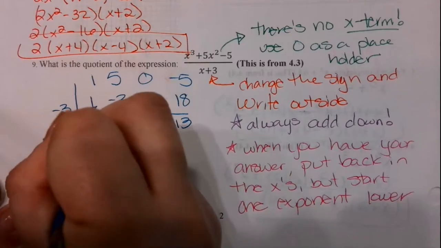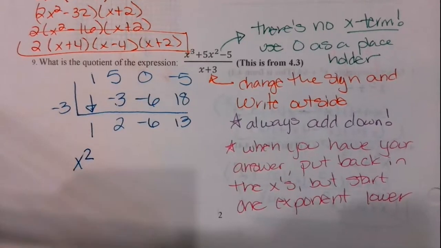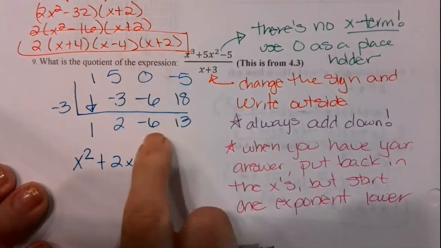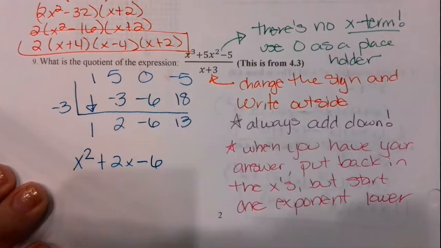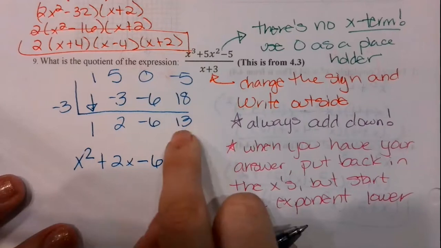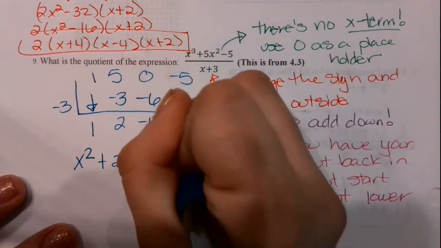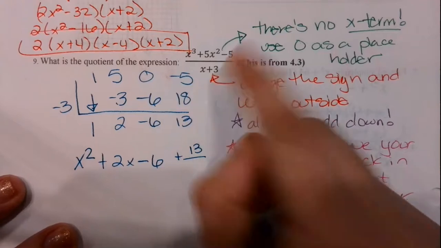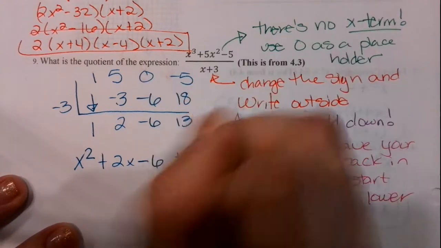So I have x squared, because the 1 doesn't need to be written out front. Then I have plus 2x minus 6, because I don't write an x after the next one. And then the extra number, this gets turned into a remainder. So I have plus 13, and it always goes over what I was dividing by. So over x plus 3.